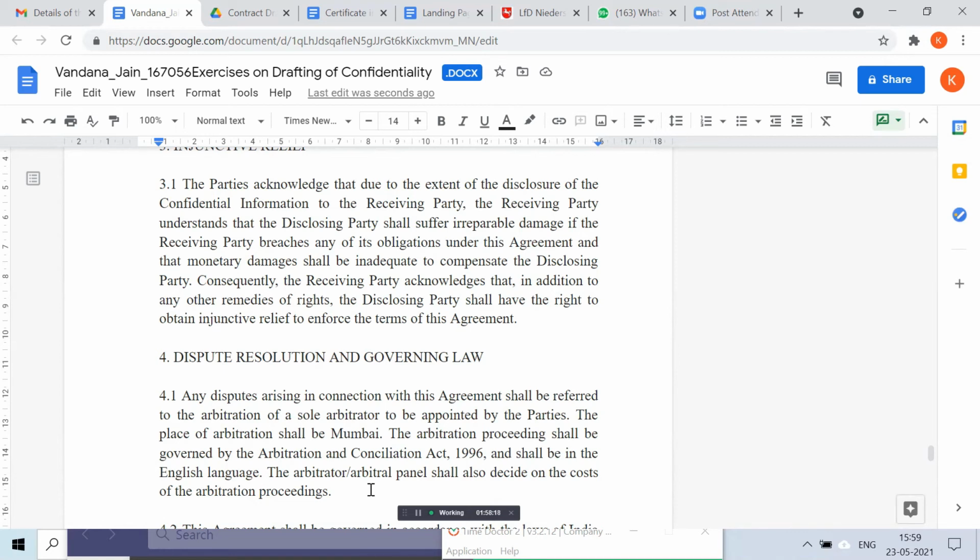The disclosing party will be keeping it very broad, and we want to narrow it down to only the information which is disclosed in this agreement, not the information of any affiliates or other entities, so that if it leaks, the receiving party is not held liable. Is there any borderline where we can negotiate on that?